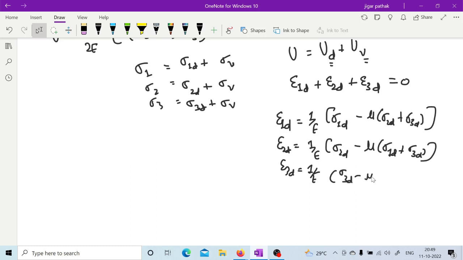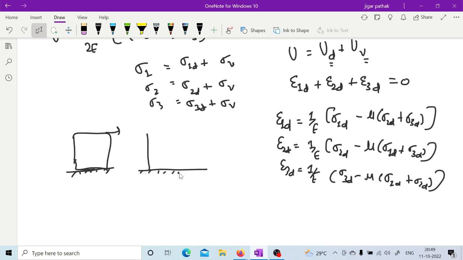Sigma 3D minus mu sigma 1D sigma 2D. So if you have an object like this and you give distortion to it, what is going to happen is simply the shape is going to change, and not the volume.